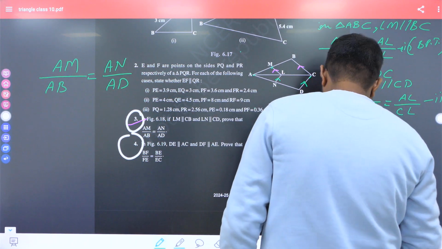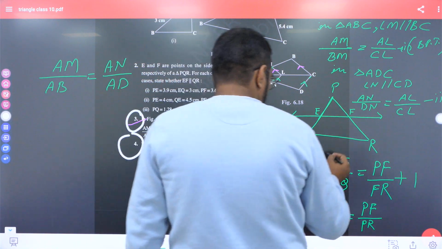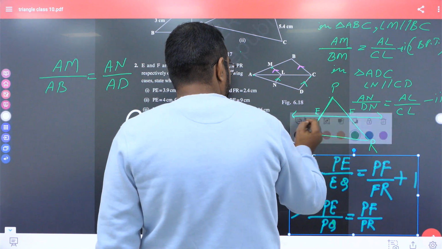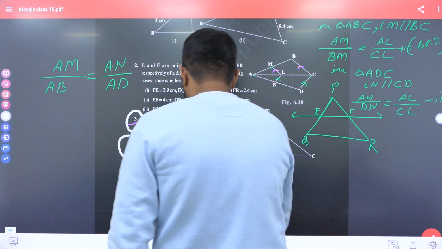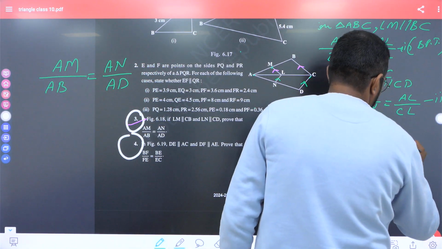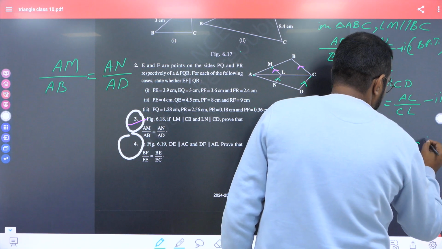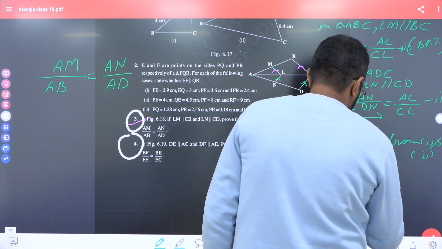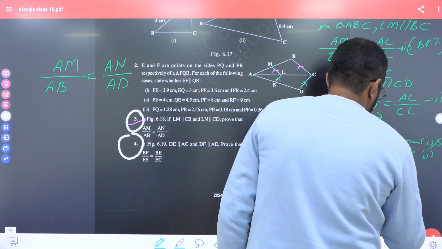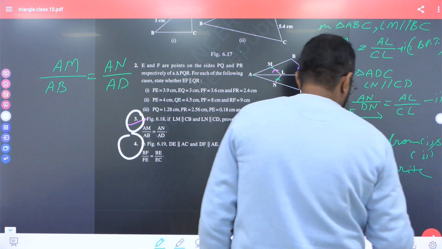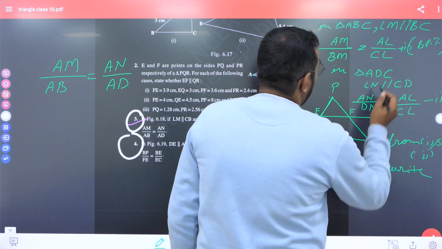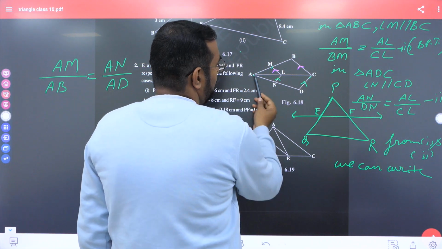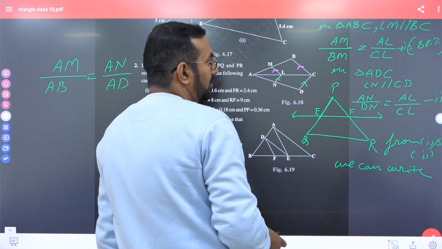So from first and second, we can write that AM upon BM is equal to AN upon DN, right?